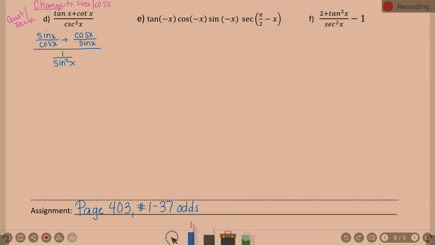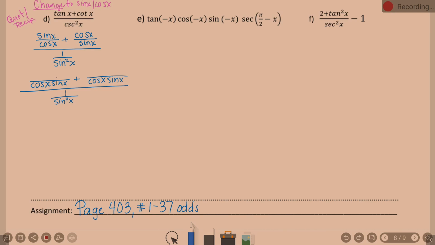So the common denominator on top is going to be cosine x sine x, plus another denominator of cosine x sine x, all going to be over the 1 over sine squared x.